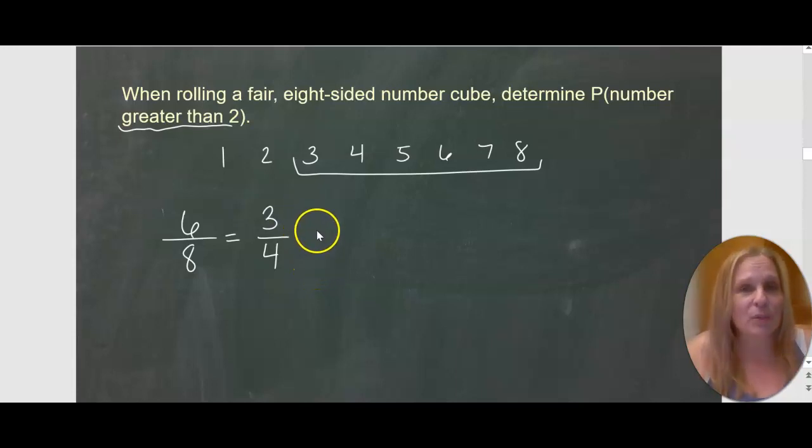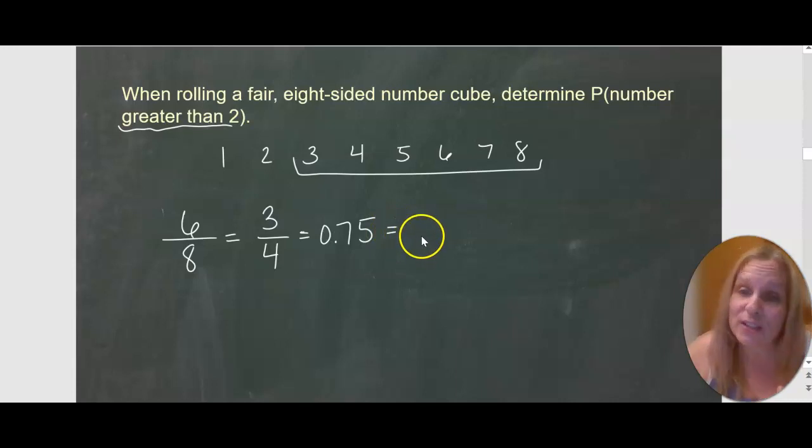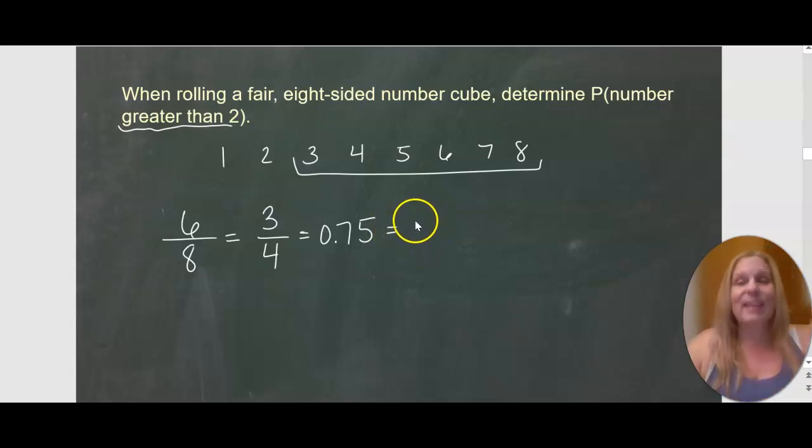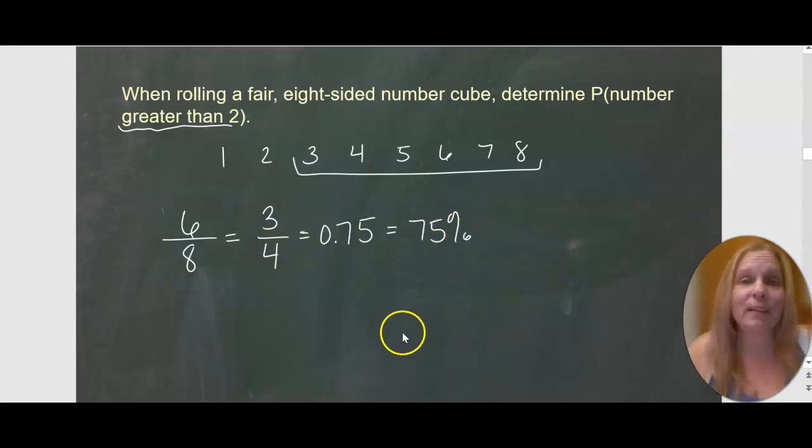If you don't remember the decimal for 3/4, there's lots of ways to get it, but the decimal for 3/4 is 0.75 or 75/100. And we know that if it's 75/100, that means the same thing as 75%. All right, so any form is acceptable. It just depends on if it's multiple choice, what the options are.